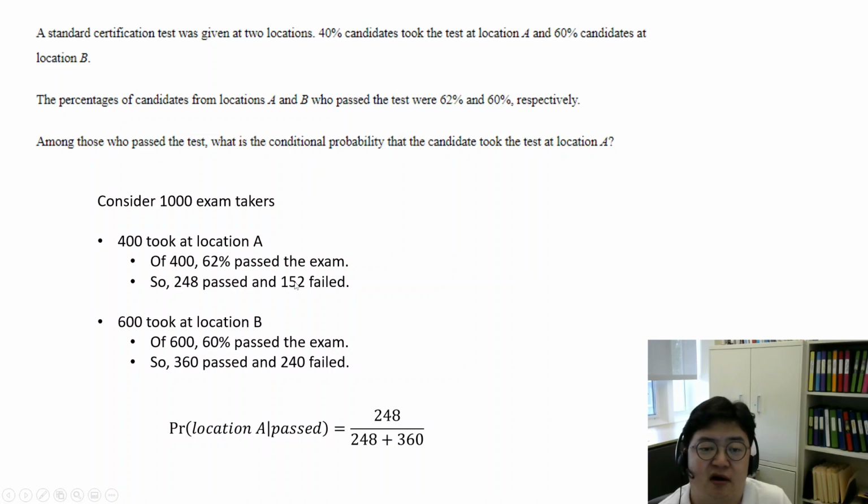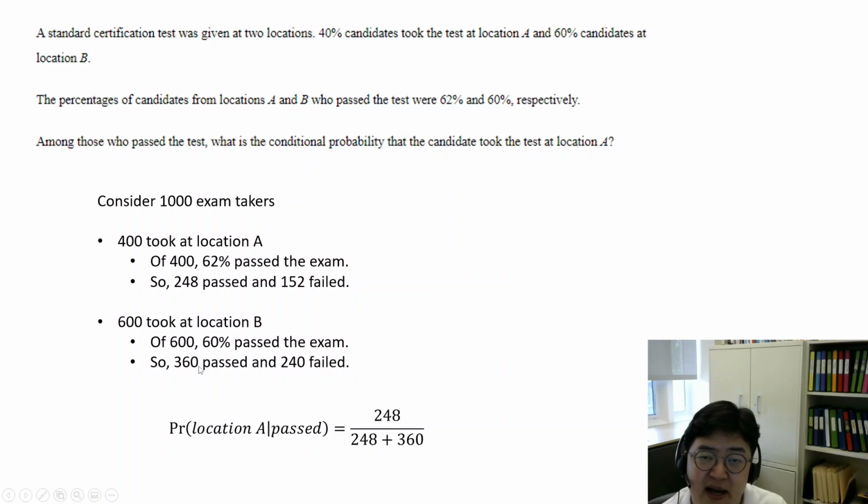But the other 400 minus 248 failed at location A. Meanwhile, of 600 exam takers at B, only 60% passed the exam. And 60% of 600 equals 360. This is the number of exam takers who passed the exam.